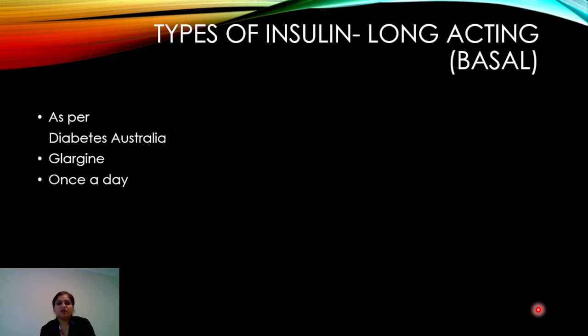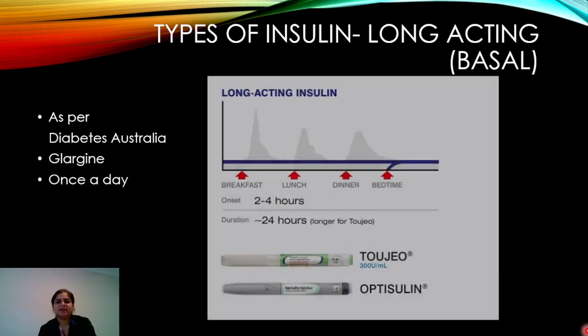With the courtesy of some images that I've used from the Diabetes Australia website, we will try to understand different types of insulin. The first one is insulin glargine, which is usually a longer acting insulin or a basal insulin, and it is used only once in a day.